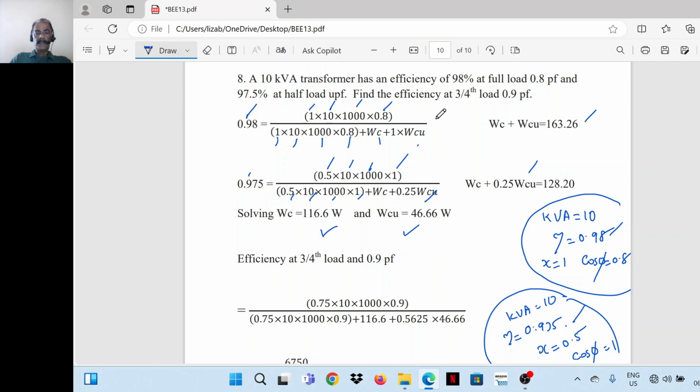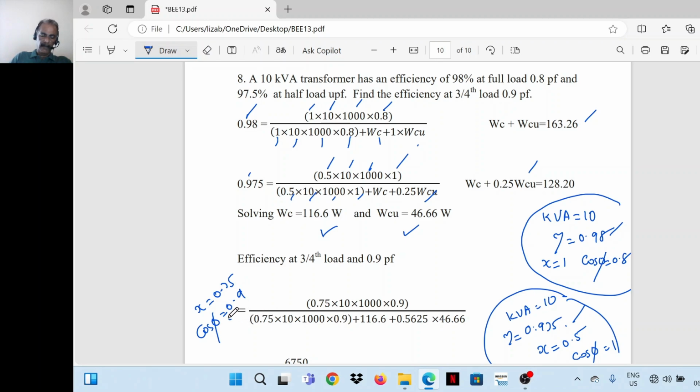Now with this information, we can find the efficiency at the 3/4 load 0.9 power factor. Substitute in this. So 3/4 load means x is equal to 0.75 and power factor cos phi is equal to 0.9.